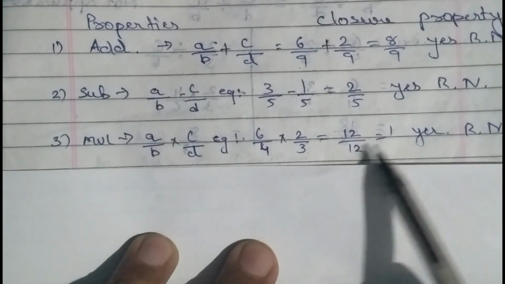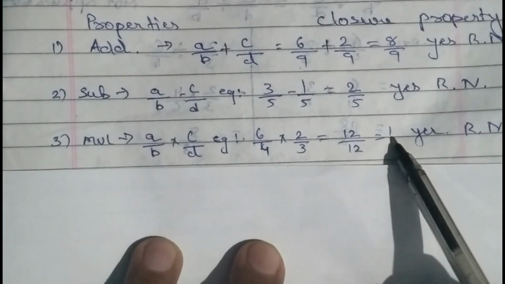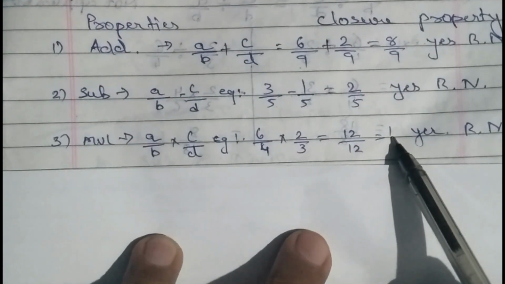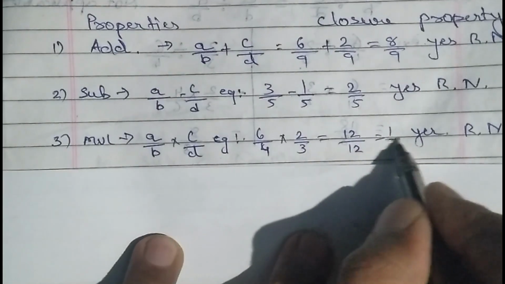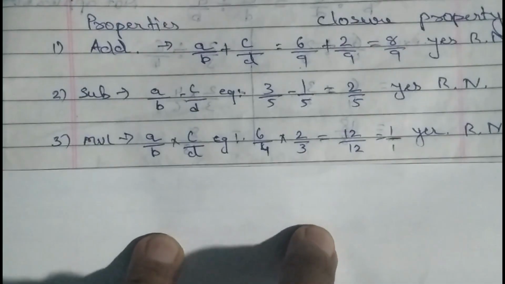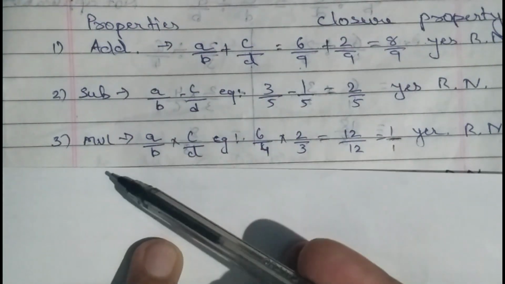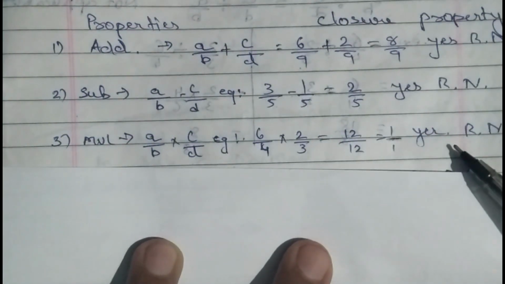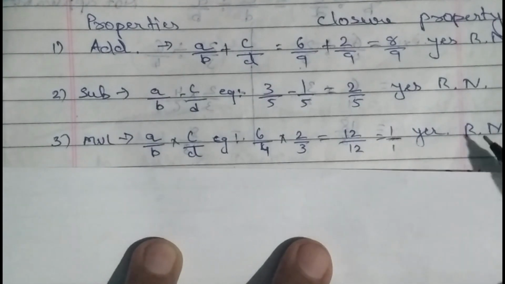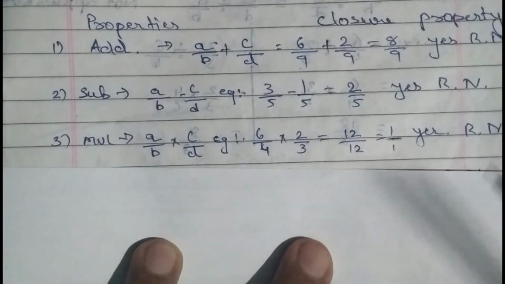So it's 12 upon 12, which is 1. Yes, and 1 is also a rational number. If I write 1 upon 1, it's a rational number. Yes, and closure property for multiplication is also applicable, and it gives a rational number.